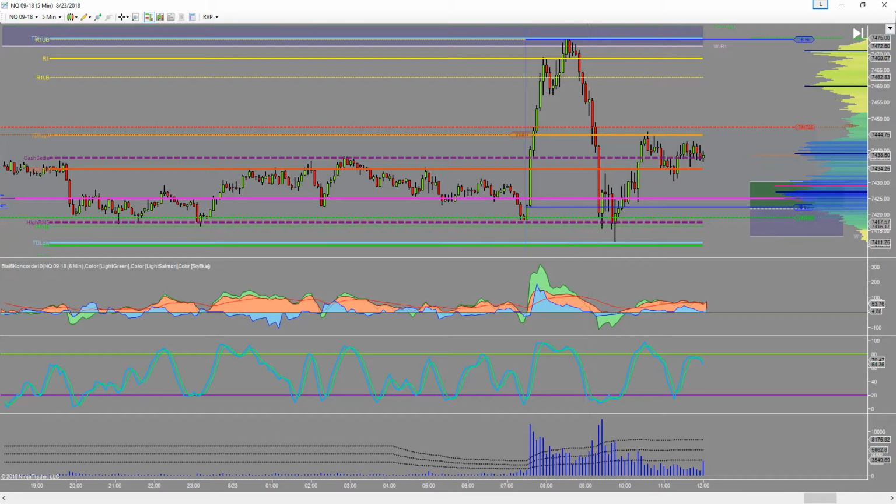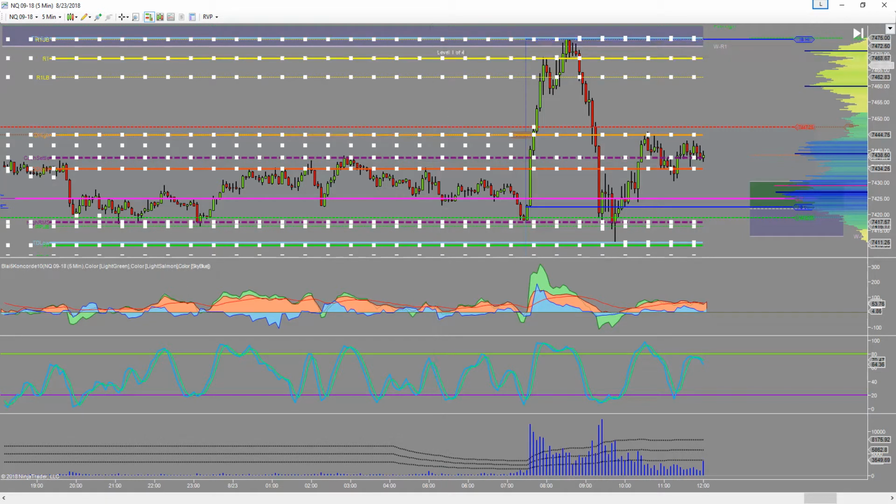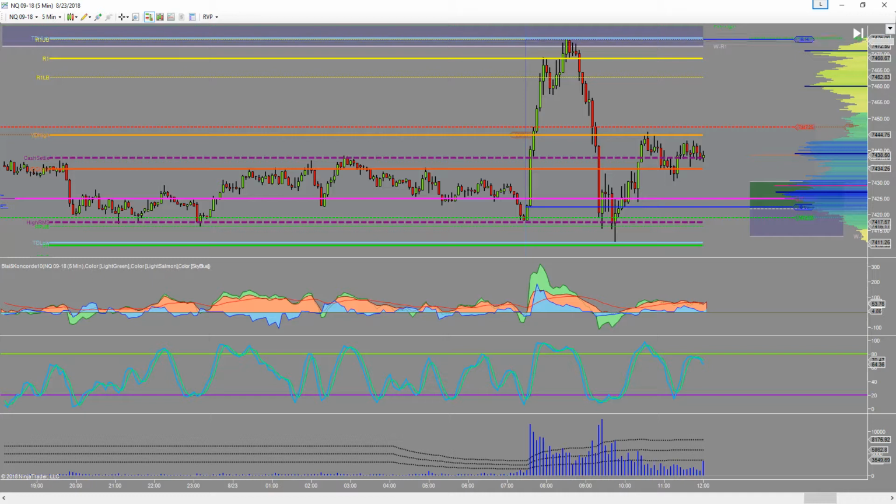So the very first thing that I noted here was that resistance 1 upper boundary was right there, where it was established at 8:30, the upper boundary or initial balance high at this blue line there. But adding to that, we had divergence.